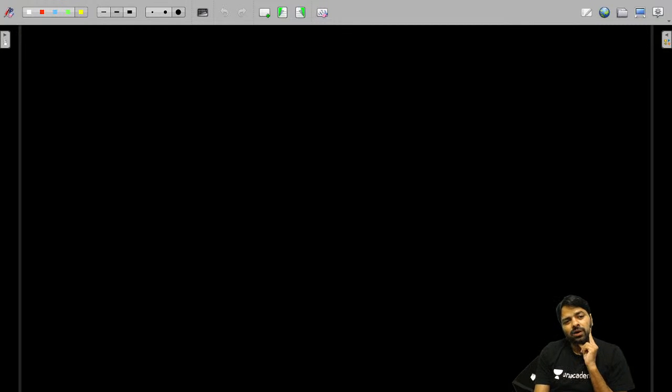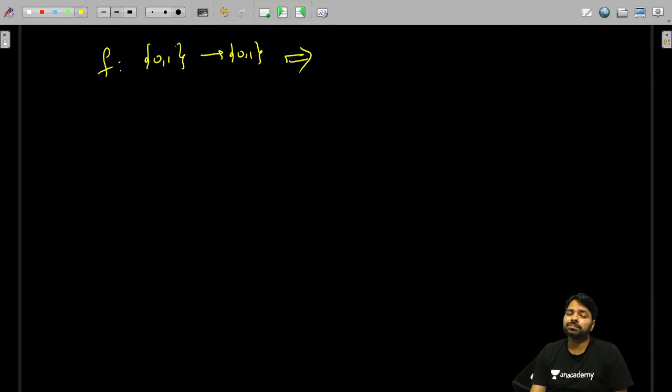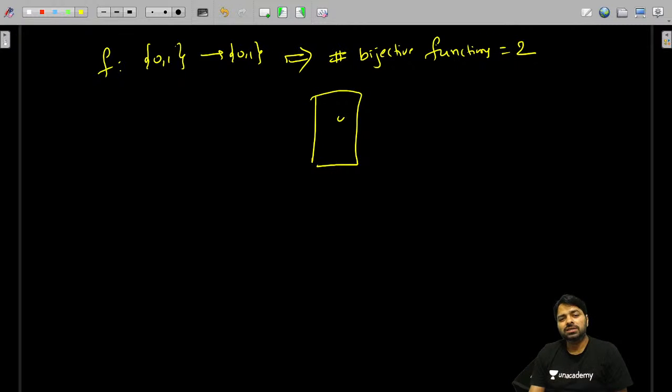Now for functions, I'm just assuming two elements, 0, 1 to 0, 1. Then this is a function. How many bijective functions are possible? N factorial, that is 2. What are they? It's very simple: 0 to 0, 1 to 1 is ID.